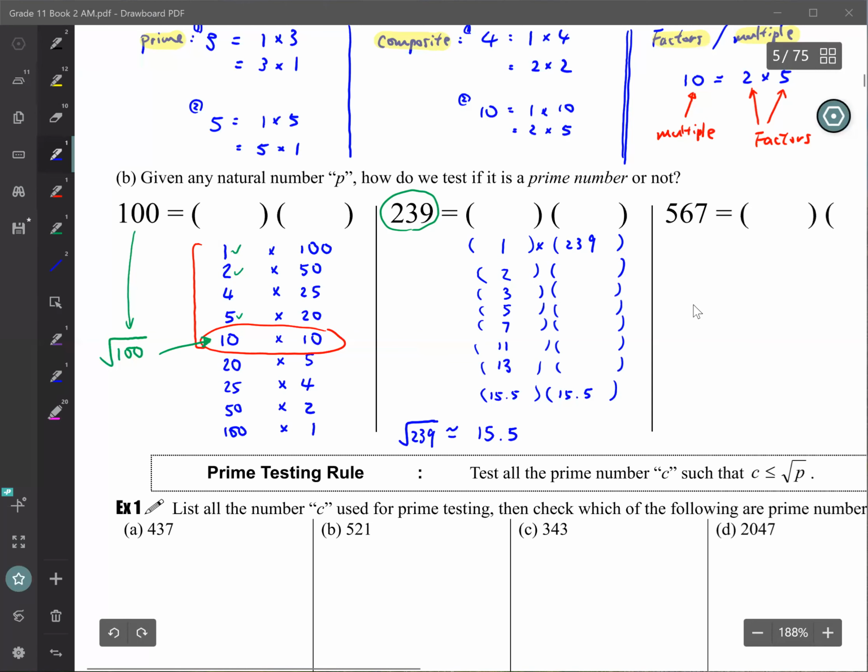You take 239 divided by 2, see if it has no more decimals, right? See if it's a factor. All right, can you raise your hand once you finish checking? So you divide by 2, divide by 3, divide by 5, 7, 11, 13. Okay, does any one of them a factor of 239?